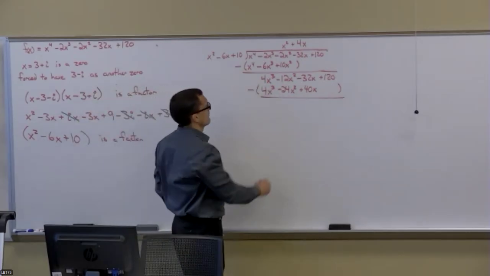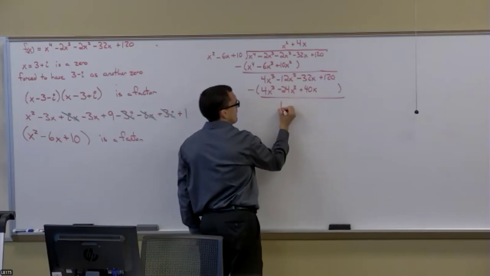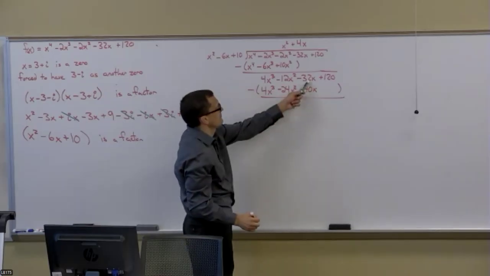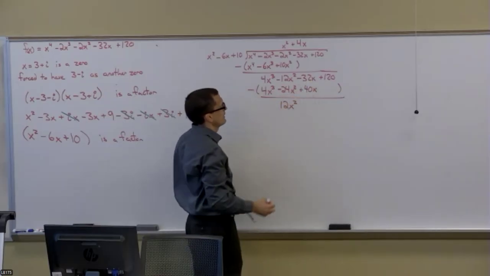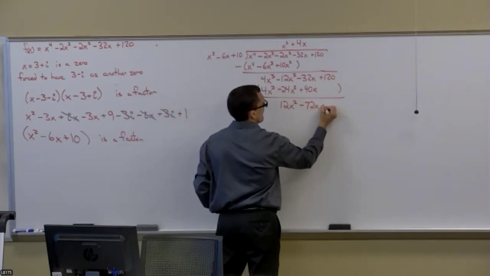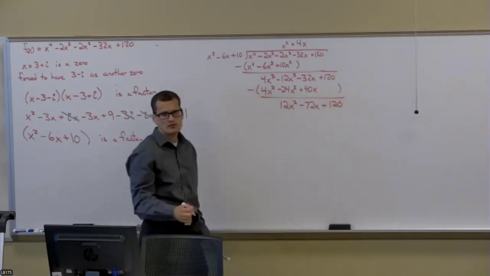Those cancel. Negative 12 plus 24 gives me a positive 12x squared. Negative 32 minus 40 gives me a minus 72x. 120 plus 0 gives me 120.